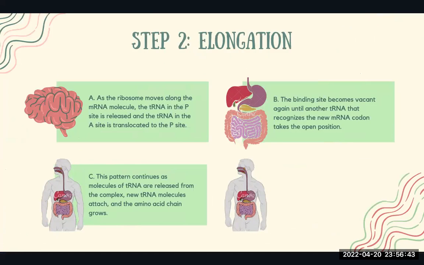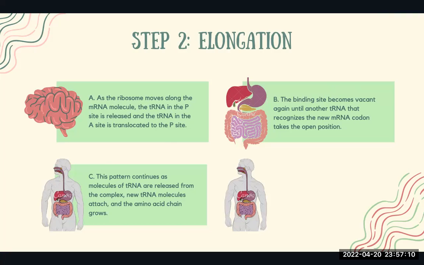Anyways, so basically, in addition to tRNAs, elongation requires elongation factors, which enable tRNA anticodons to bind to mRNA codons. Once the initiator tRNA is bound to the ribosome, the A site, or the amino acid site, is occupied by the tRNA with an anticodon that base pairs with the second mRNA codon, and that carries the second amino acid of the protein being synthesized.